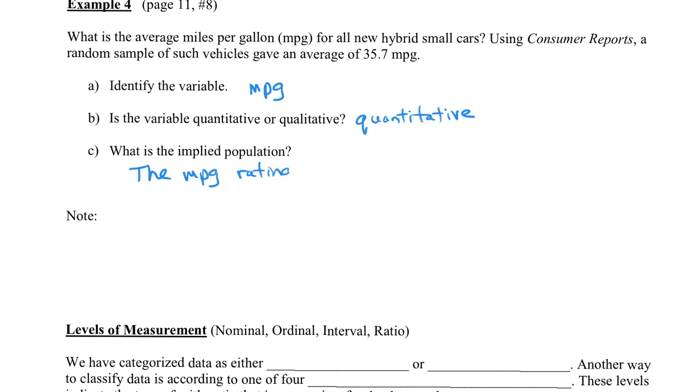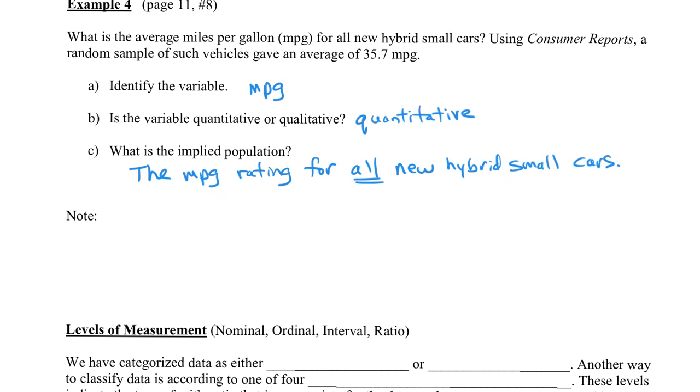Because remember, the way our book does it, it identifies the variable along with the individuals. So it'd be the miles per gallon rating for, since it's population, we want all of these, all new hybrid small cars. So this is the way our textbook would write the implied population.